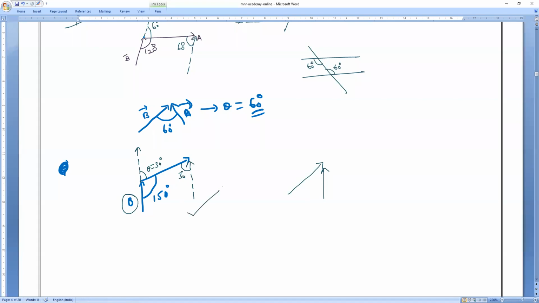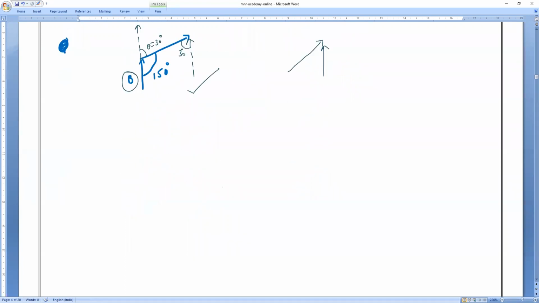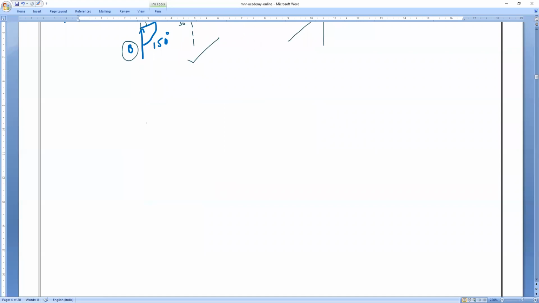Clear? Understood? So now let us find, I will give you some vectors. You all need to find the angle between them. First, let me draw the vectors, all of you observe very carefully. This is vector A, and vector C, let me take away, this is vector D, and this is vector C. If I imagine these are all in the same plane, all of you observe, and this is vector B. Clear, everybody?